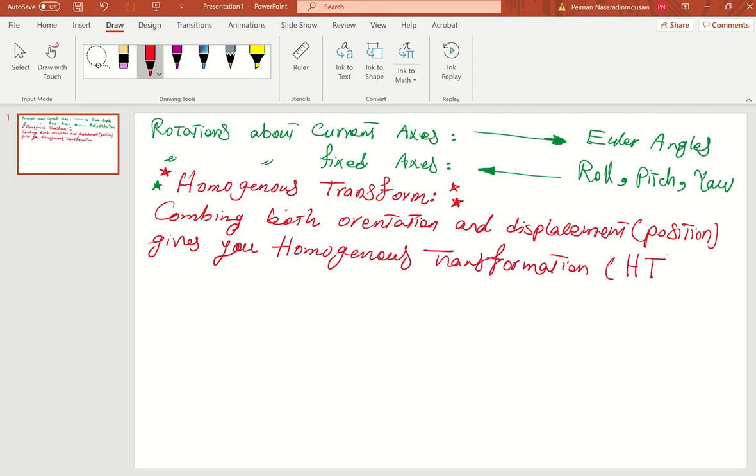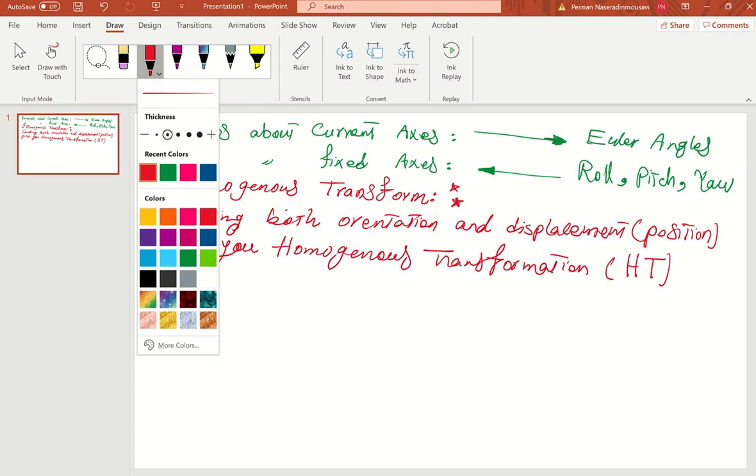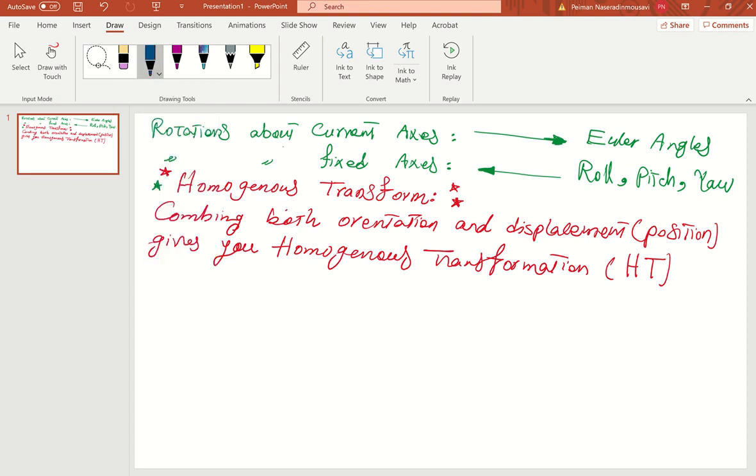Homogeneous transformation. So let me start with a very simple example.